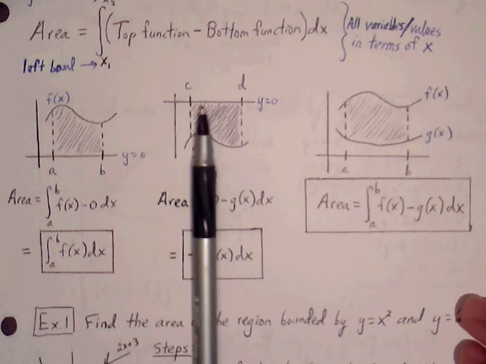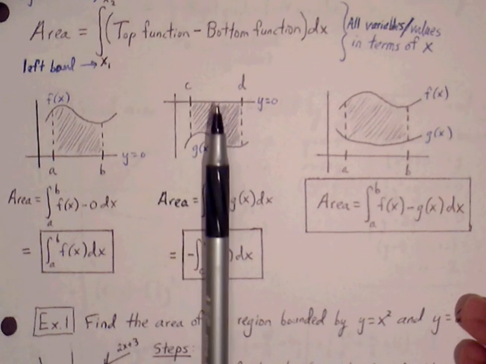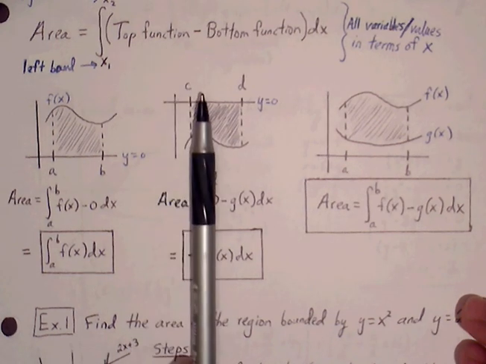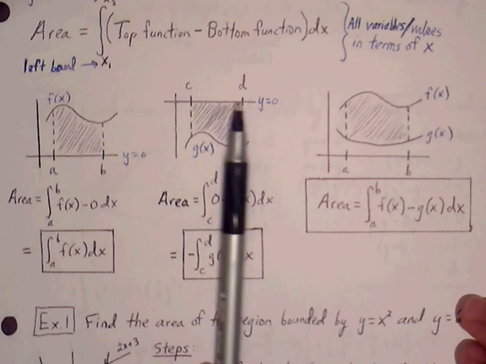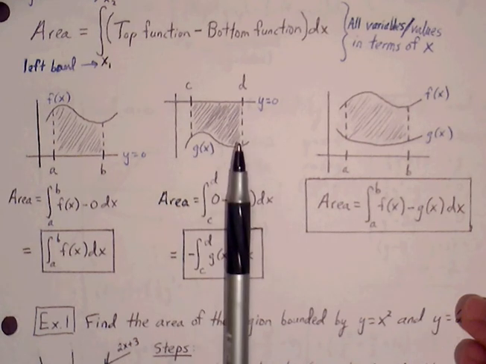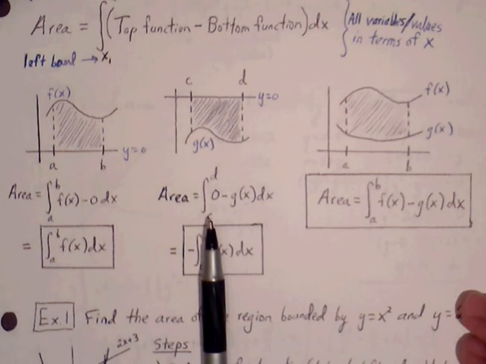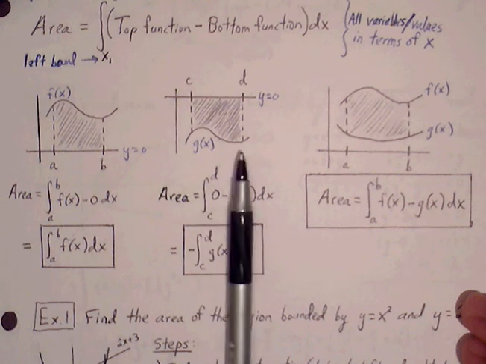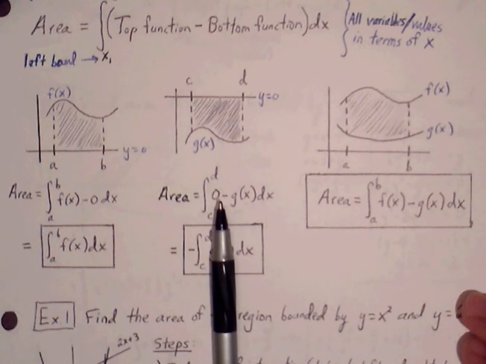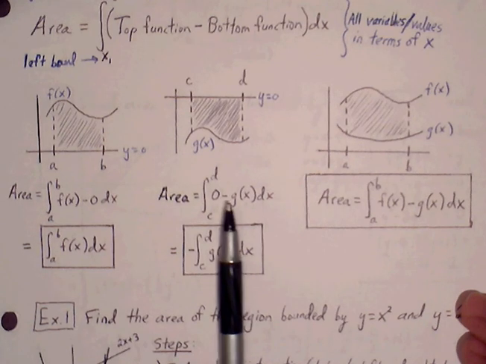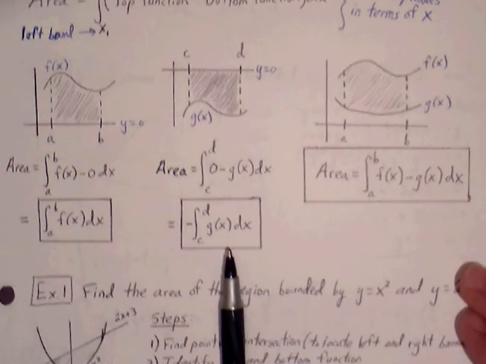So to find the area of this shaded region, again, we can apply the formula top function minus bottom function. In this case, the top function is y equals 0, and the bottom function is g of x. So the area in this case is the definite integral from c to d. This is from our left to our right bound. Top function y equals 0 minus the bottom function g of x. And so 0 minus g of x will simply give us negative g of x.